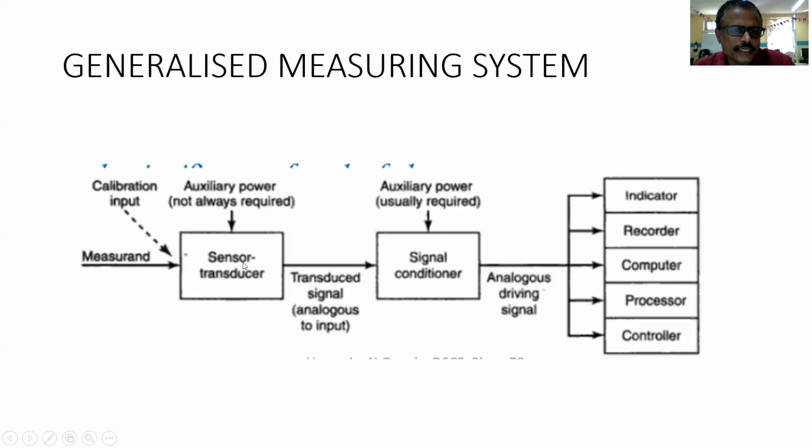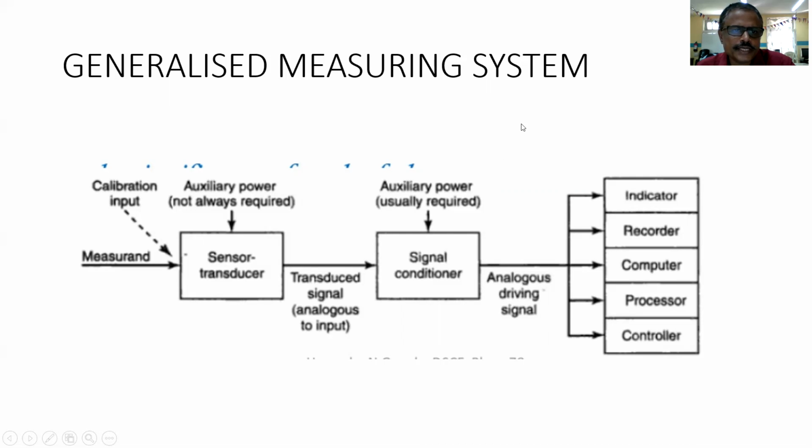When the input is given to the sensor cum transducer, one type of variable you will be getting, that is called transduced signal. This is again fed to the signal conditioners and we get the driving signal which acts as input to the indicators, recorders, computers, microprocessors or controllers.